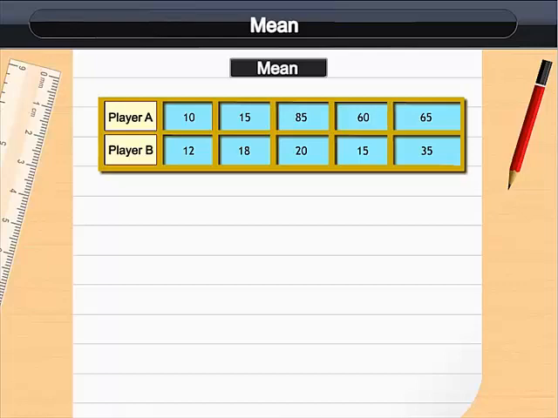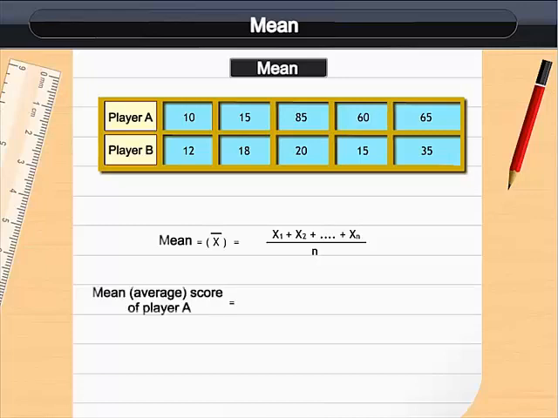Therefore, we are going to apply the formula for mean as shown there. Here, x1, x2, etc. are observations of the given set and n is the total number of observations. Therefore, let us find the mean or average score of player A, which is 10 plus 15 plus 85 plus 60 plus 65 divided by 5, which is equal to 235 divided by 5, which is equal to 47.